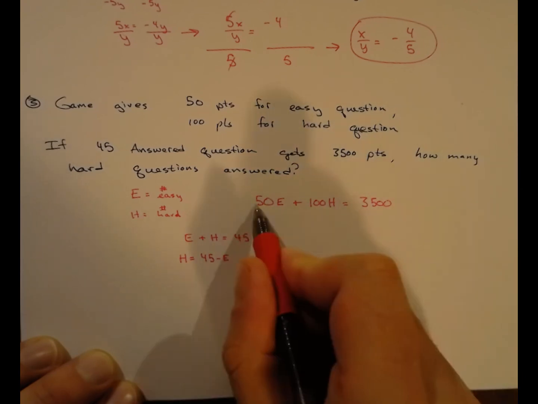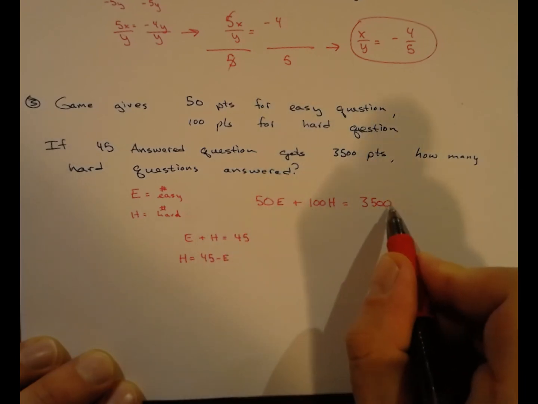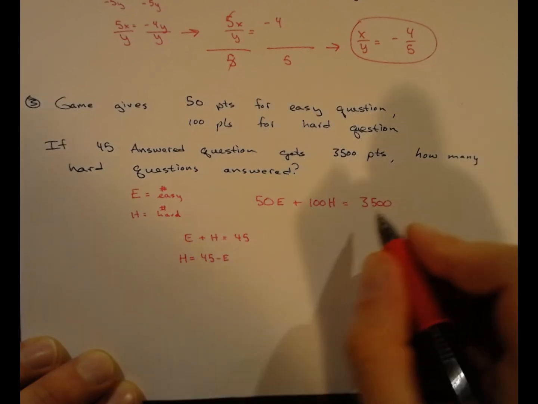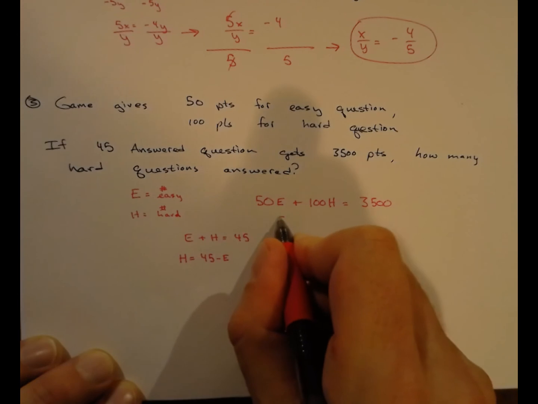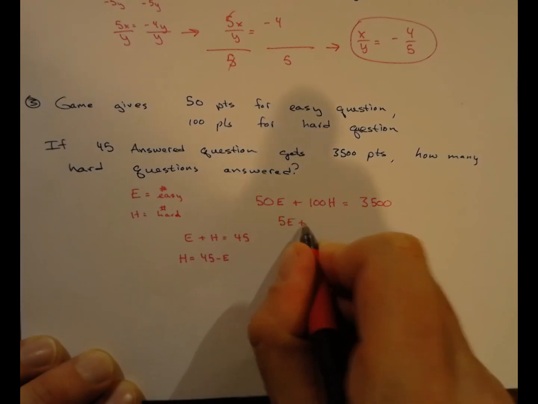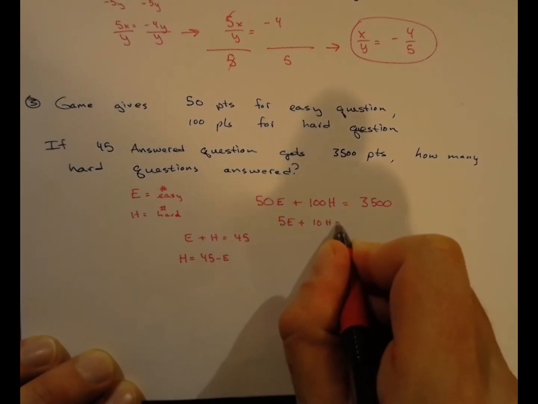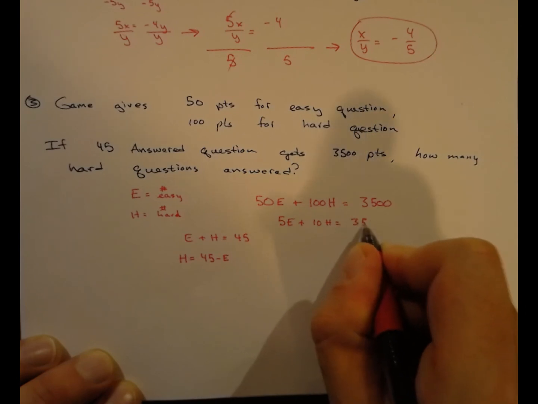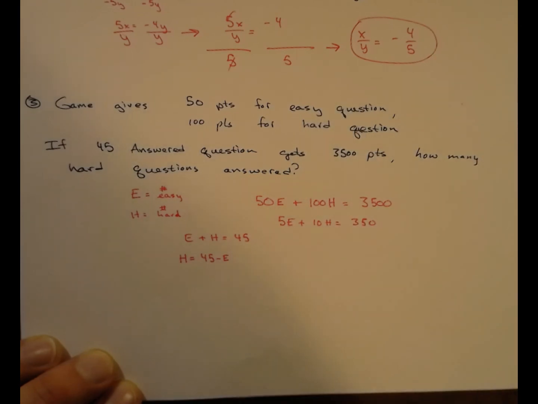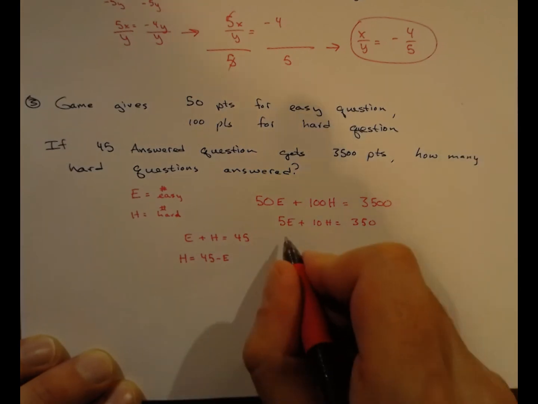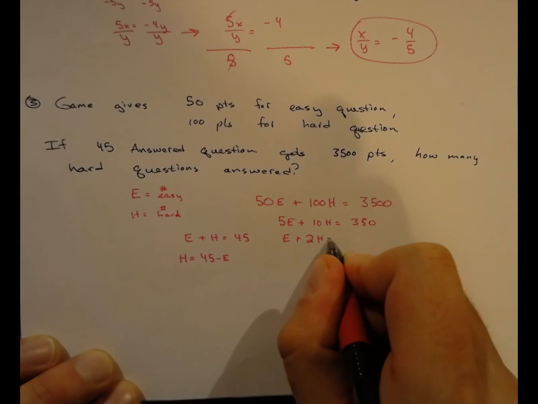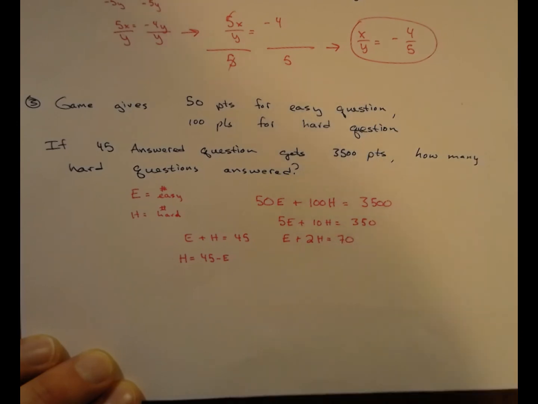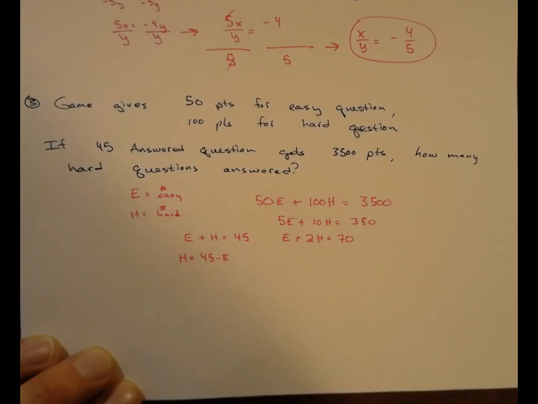Every single one of these coefficients, or the constant at the end, ends in a 0, so we can divide a 10 out of this equation. So 5e plus 10h equals 350. Could even take it one step further and divide a 5 out. In fact, why don't I do that? That'll make my life so much easier, by dividing 5 out.